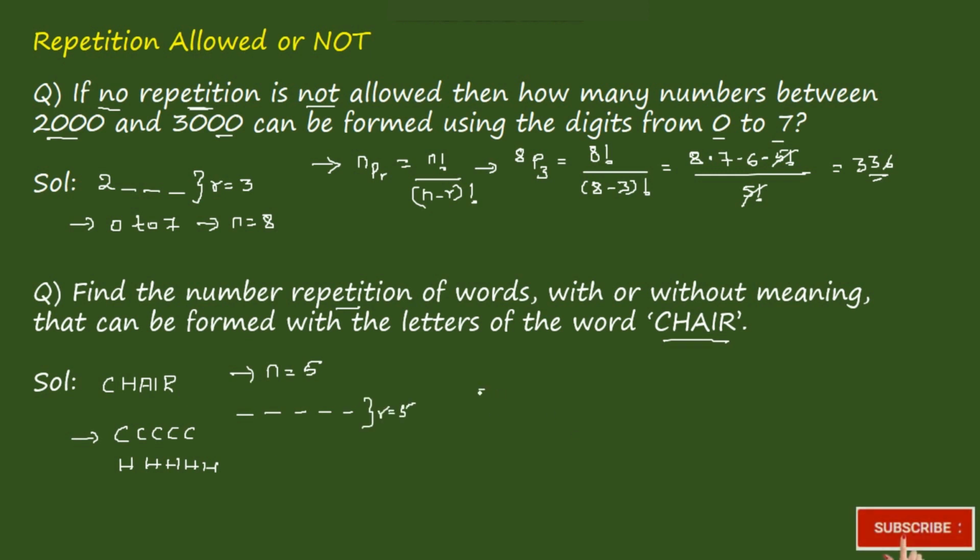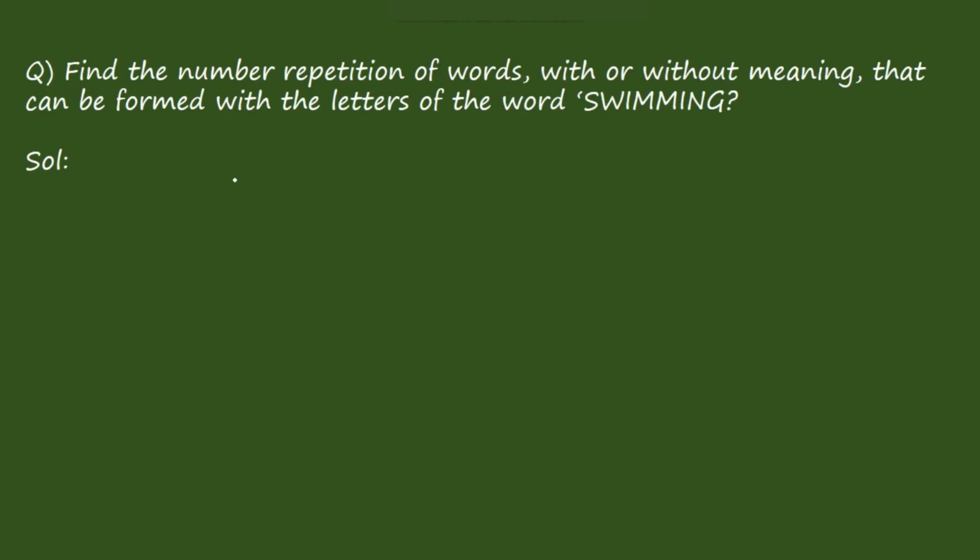Both are the same, so it becomes n to the power n, which is 5 to the power 5, which is equal to 3125.